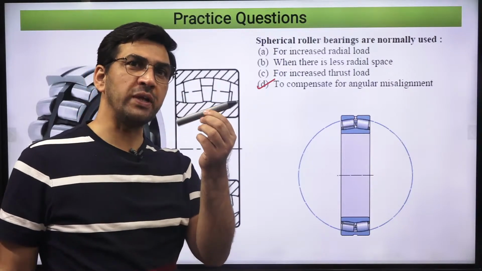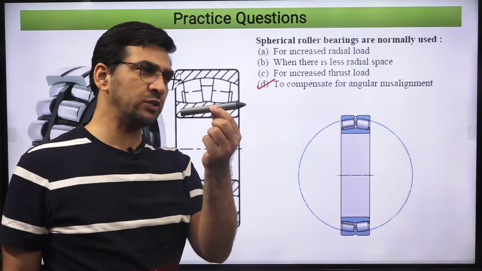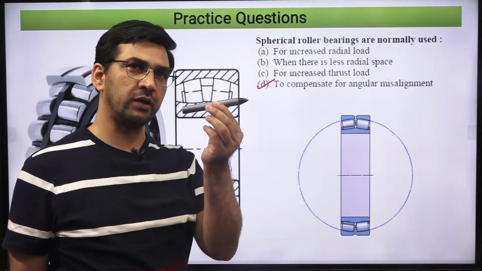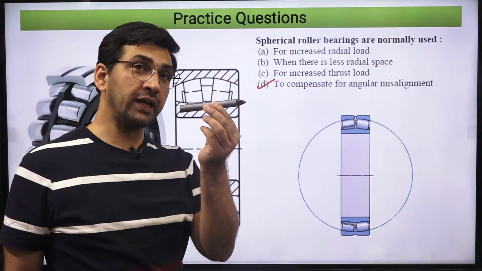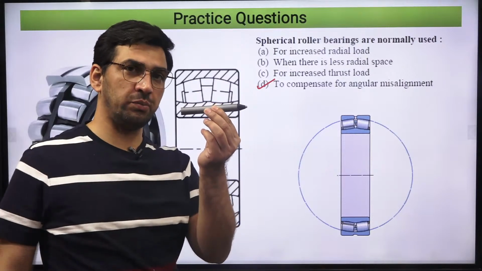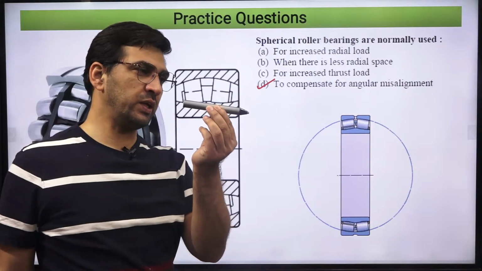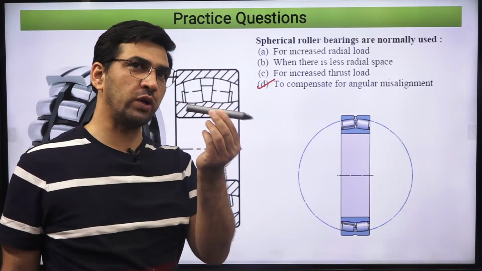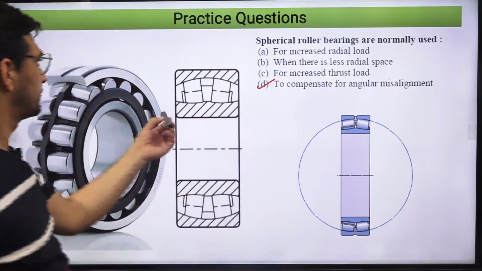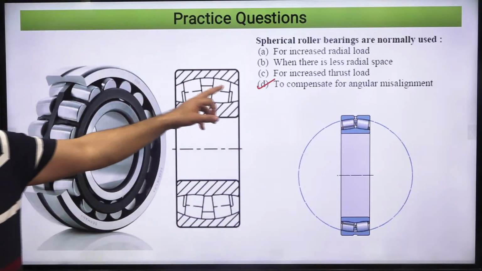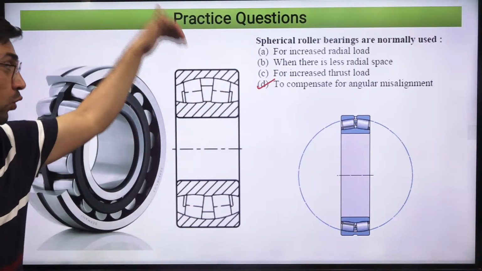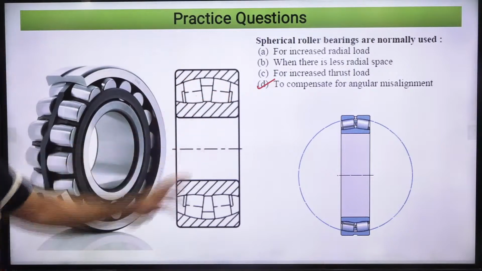Compensate means, let's say there is a situation where the shaft can go this way a little bit. In that case, which is going to be the best bearing? The best bearing is the one that can allow its rotation a small way like this, that means angular misalignment. It could be single roller or double roller. Double roller has high load carrying capacity, single roller a little lower. That is the meaning of this.